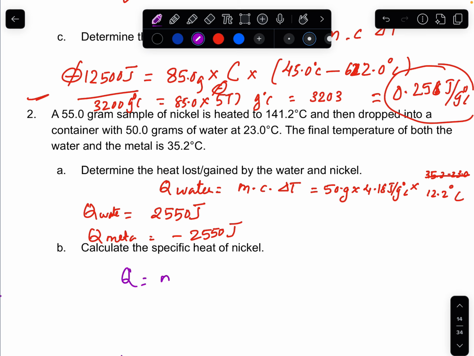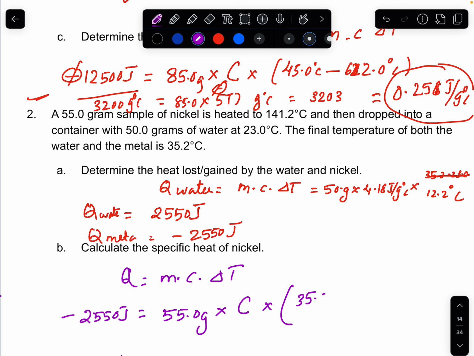Now in the same way, like this question, you are calculating the specific heat. Q is equal to m times C times delta T. We got the Q, which is 2550 joules, and the mass of the metal, don't get confused with that. You need the mass of the metal there. Then C, then delta T. This time the final temperature is 35.2 minus 141.2 degrees Celsius.